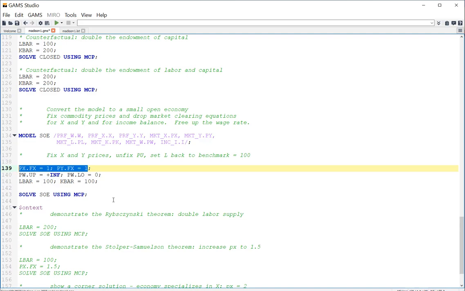If you do that, you have to unfix the price of welfare. Not really, because it just drops. I don't think I need to do that. What's the numerator going to be? Oh, it's going to be in terms of prices.